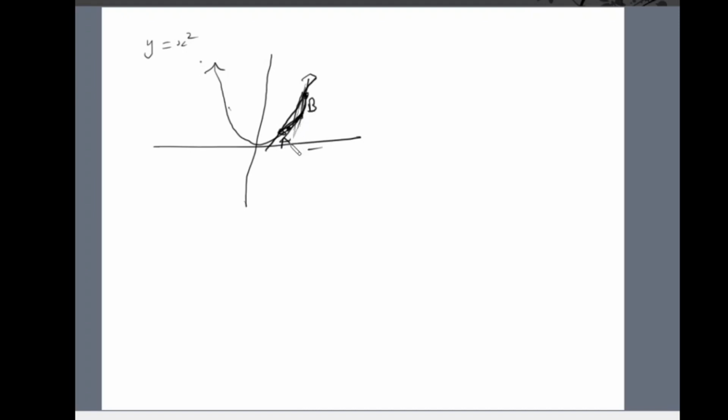Okay, and then the closer you move the points, let's say point A is now moved closer to point B, you'll have your gradient at this point on the curve to be the same as the gradient of the tangent that passes through the point.